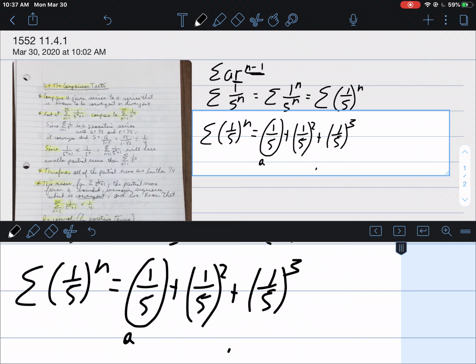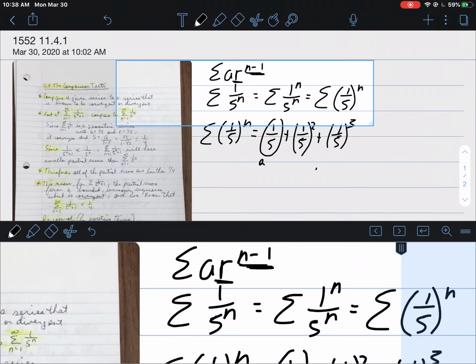And then each successive term is the previous multiplied by 1/5. So that's how you can kind of recognize a geometric series. Look for things like this, where you see a constant raised to the nth power like this. Okay, that's an indication that you are looking at a geometric series, or at least a pretty good chance that you are. And so kind of recognize that.